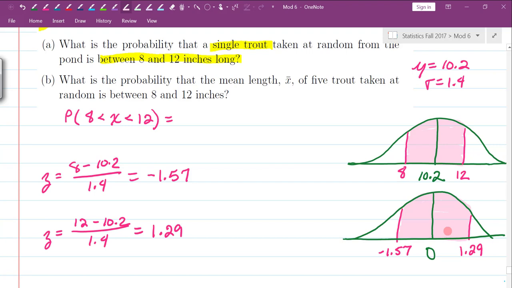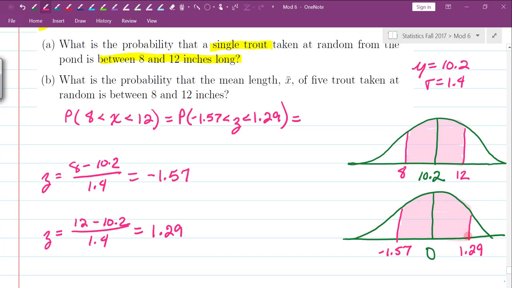Again, an equivalent statement to what is the probability that 8 is less than X, which is less than 12, would be, what is the probability that negative 1.57 is less than z, which is less than 1.29? Exact same question. To find this out using our tables, our tables are going to give us all the way out to negative infinity. So we're going to look first at the probability that z is less than 1.29, which gives us the area to the left.